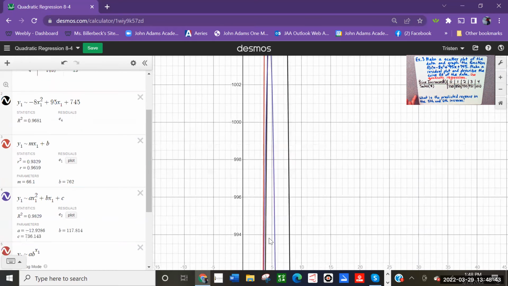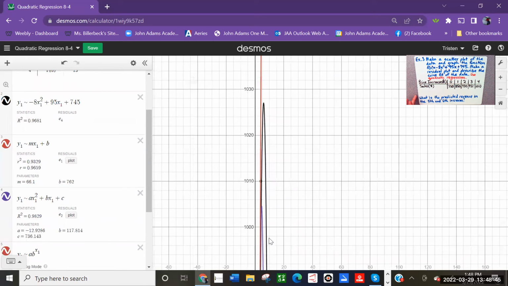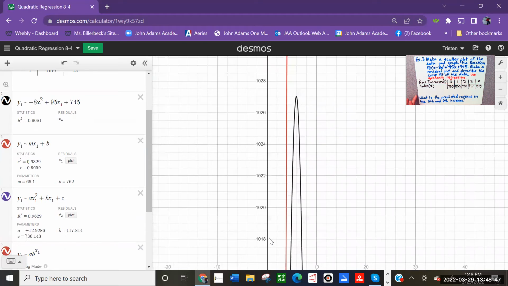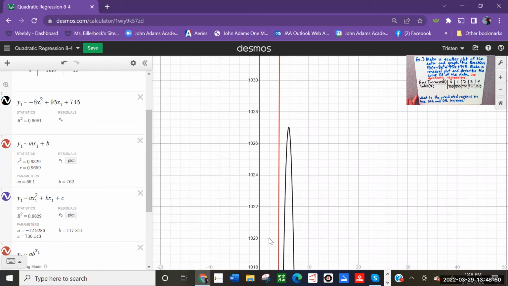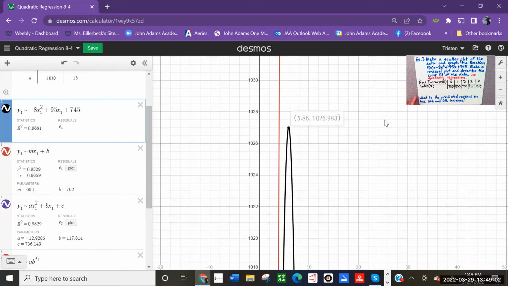Okay, but let's look at this top data up here. We see that the exponential is just going off to infinity here. It's the red line. And we see our curve is coming around here. So right about at 6, that's the vertex.